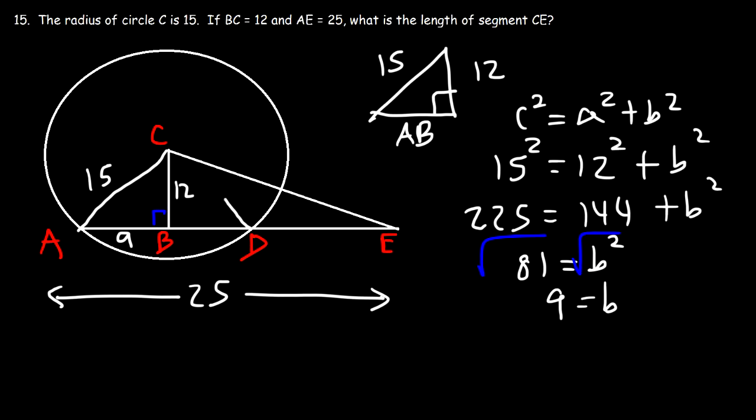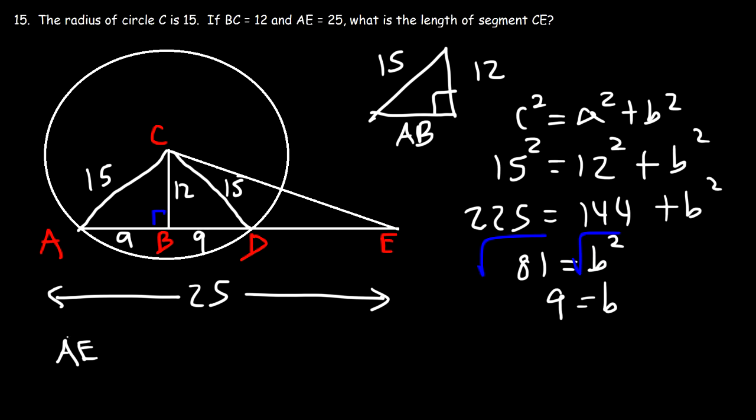And notice that we can draw another radius, which is CD. And so that's 15, which means BD is also 9. So anytime you draw a segment from the center to a chord, it bisects the chord into two congruent parts. So AB and BD are the same. So now we can calculate DE.